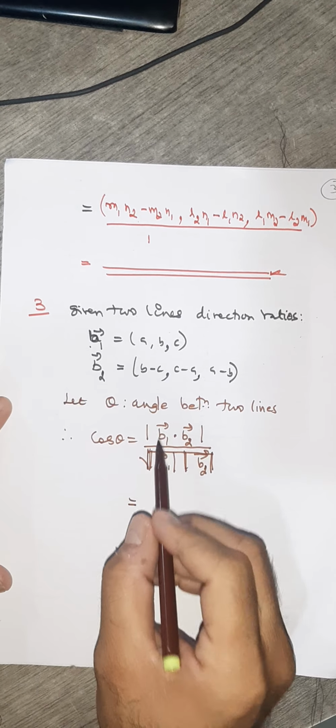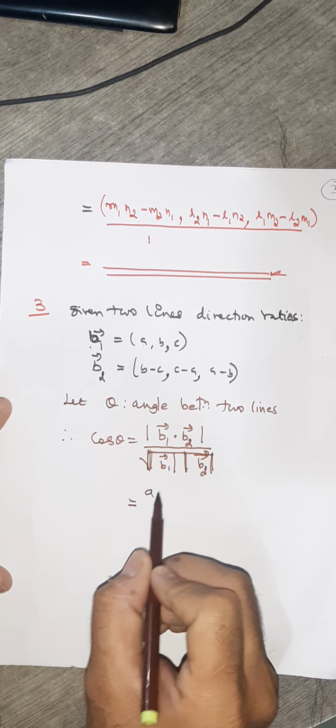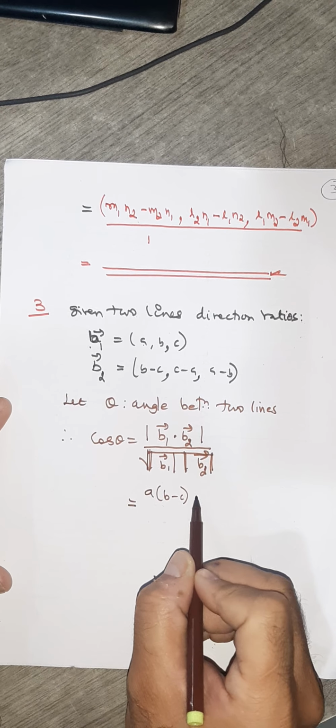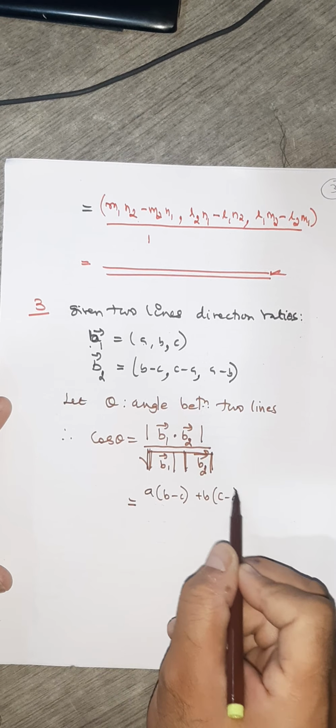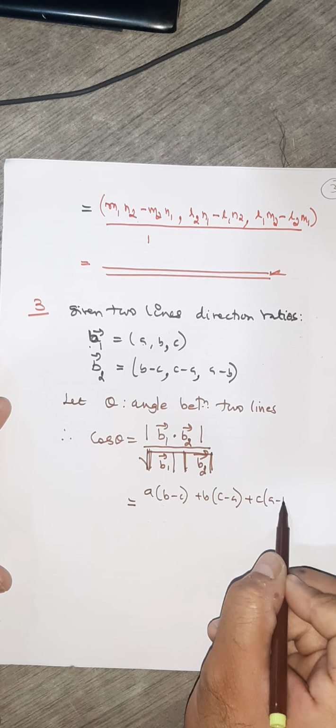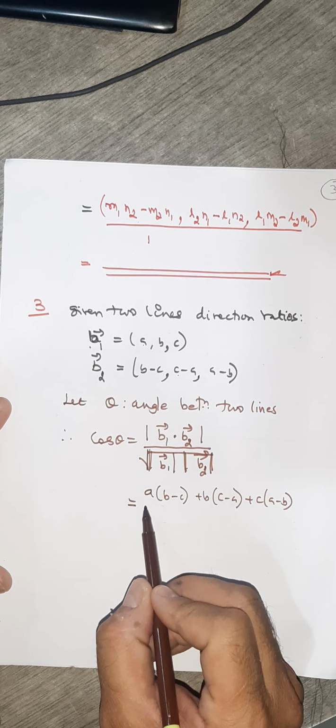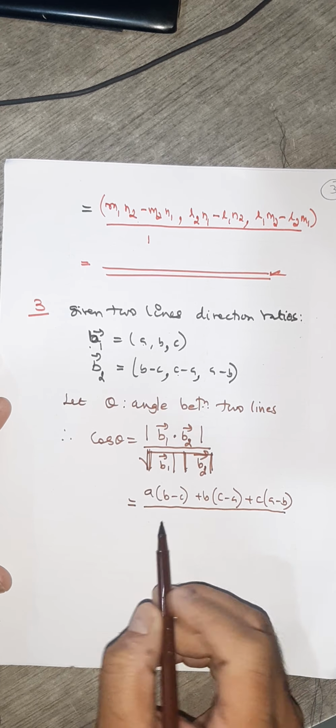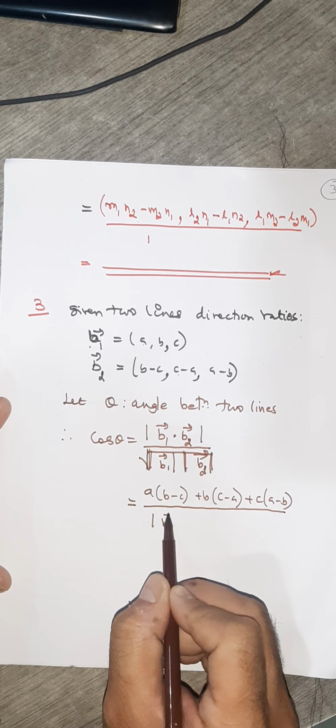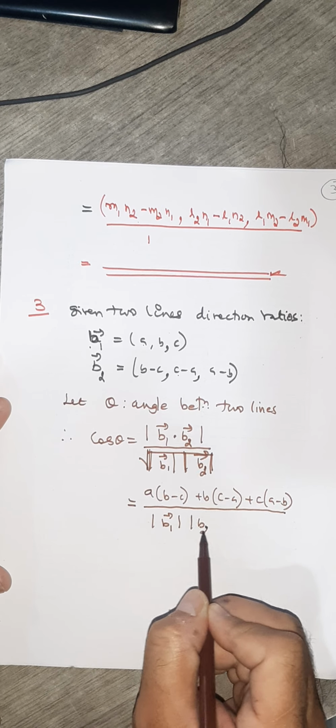So let's get the dot product: A into B minus C plus B into C minus A plus C into A minus B, upon the magnitude of B1 into the magnitude of B2.